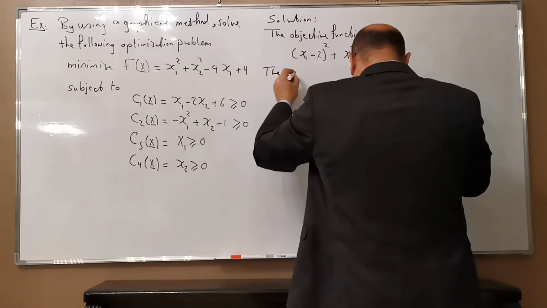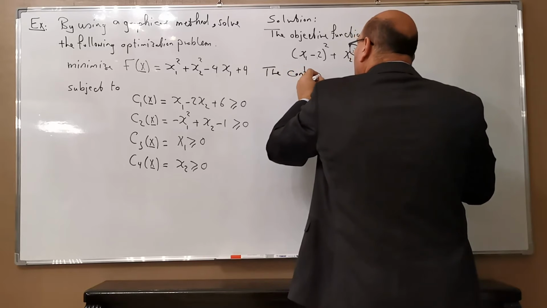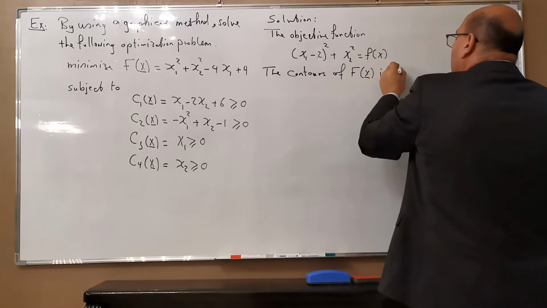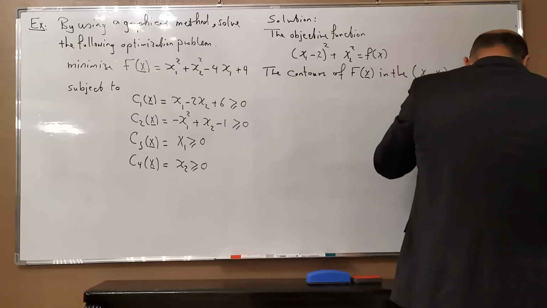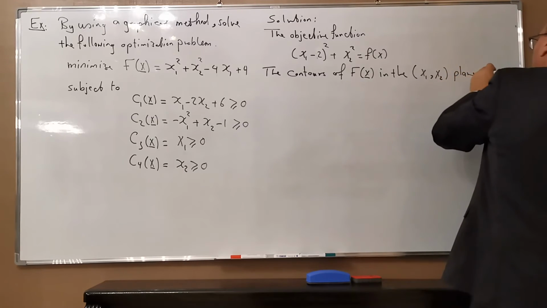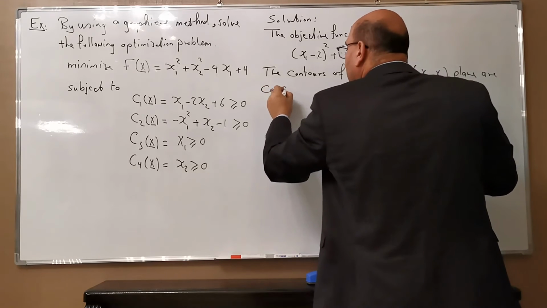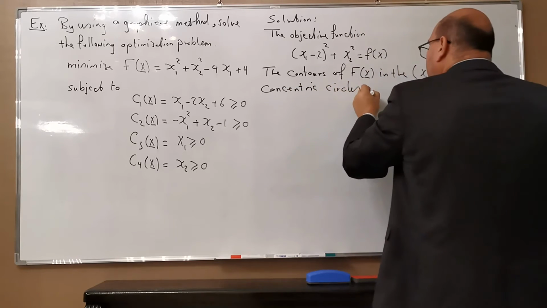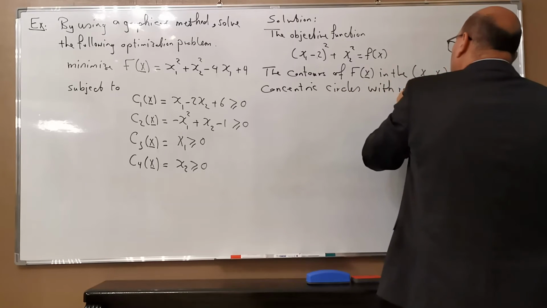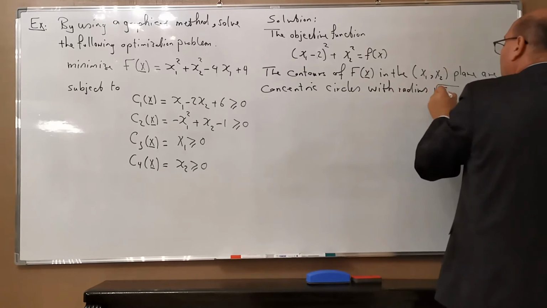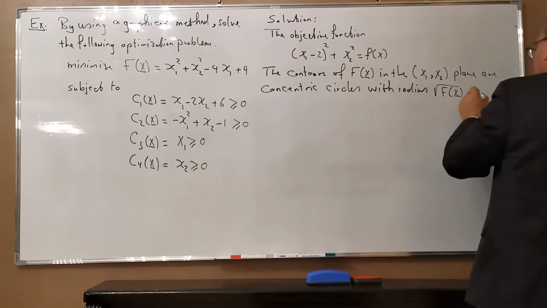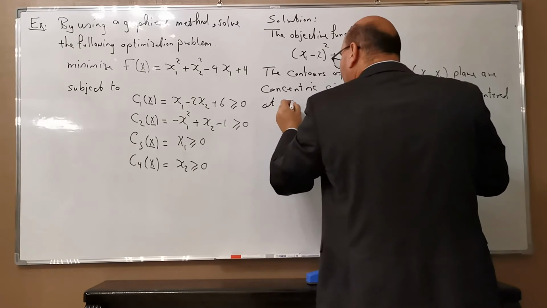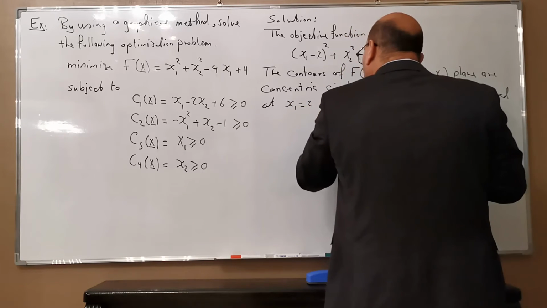So the contours of f of x in the x1, x2 plane are concentric circles with radius equal to the square root of f of x, centered at x1 equals 2 and x2 equals 0.